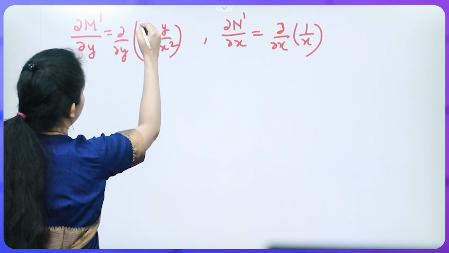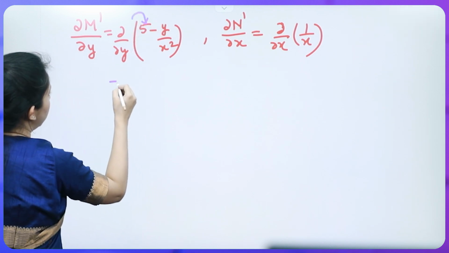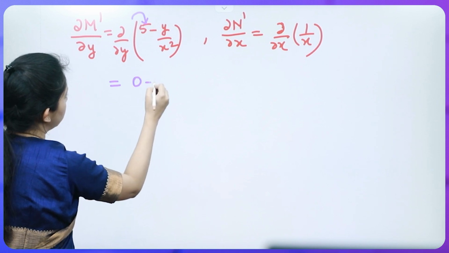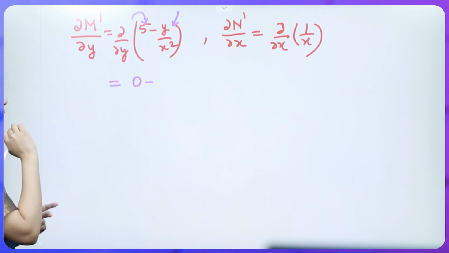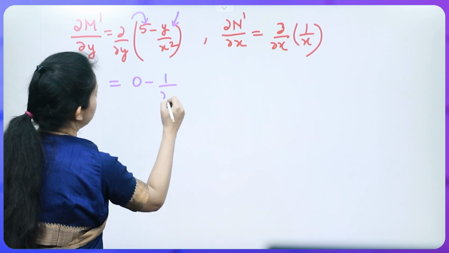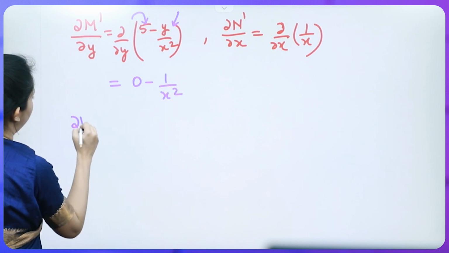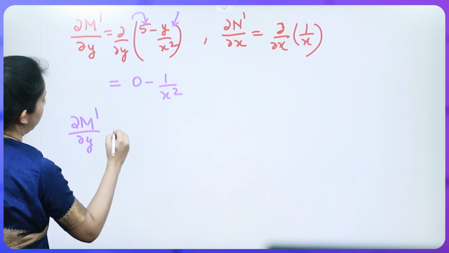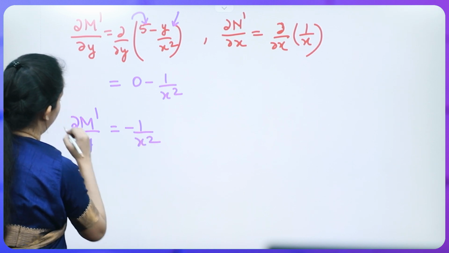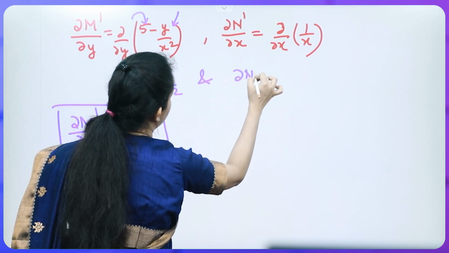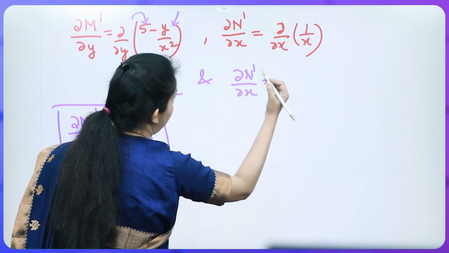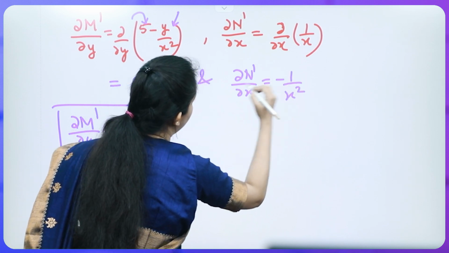While differentiating it with respect to y, here we have a constant, so differentiation of a constant with respect to y will be 0, and differentiation of y by x square with respect to y will be minus 1 by x square. So the final value of del M dash upon del y is minus 1 by x square, and del N dash upon del x by the power rule will give us minus 1 by x square.